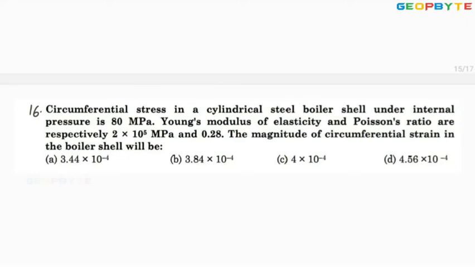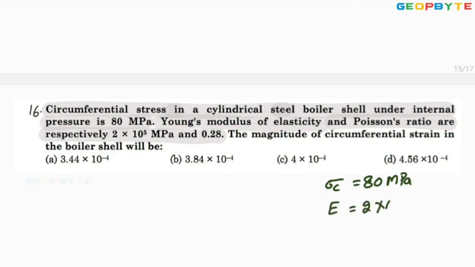Look at the problem. Circumferential stress in a cylindrical steel boiler shell under internal pressure is 80 megapascal. Circumferential stress is given as 80 megapascal. Young's modulus of elasticity and Poisson's ratio respectively are: Young's modulus E equal to 2 into 10 power 5 megapascal and Poisson's ratio 1 by m equal to 0.28.